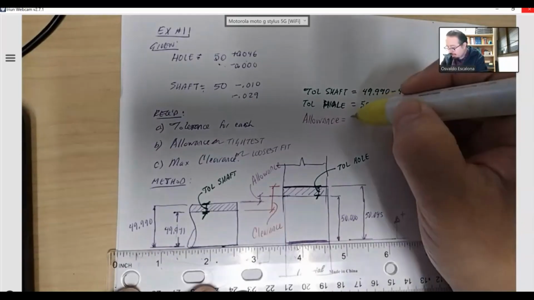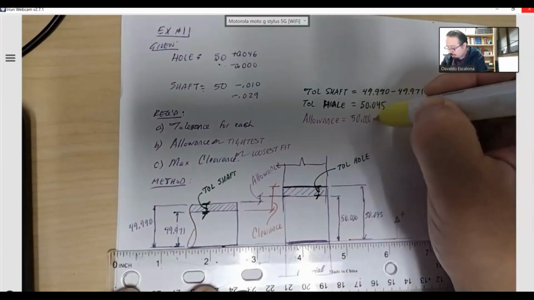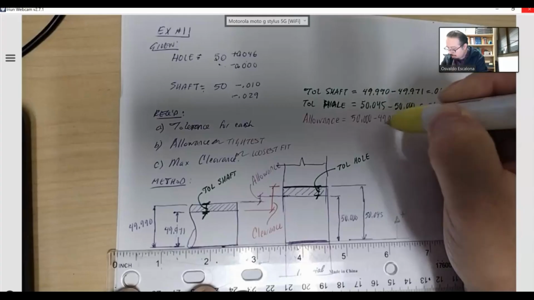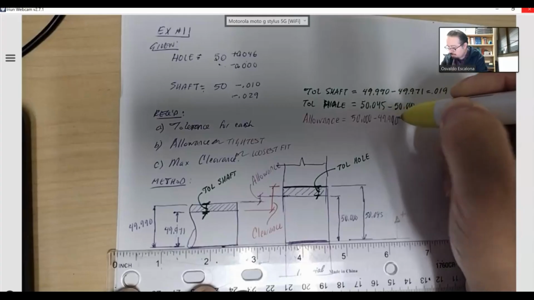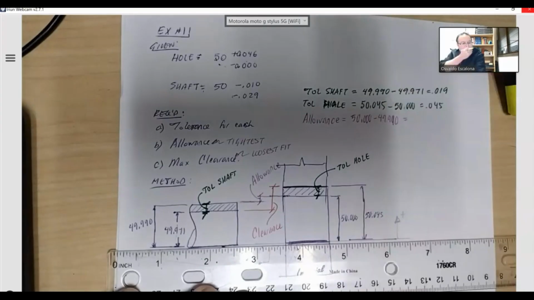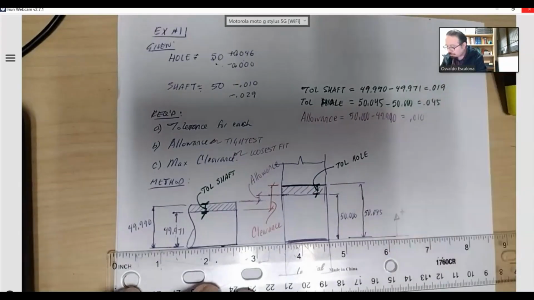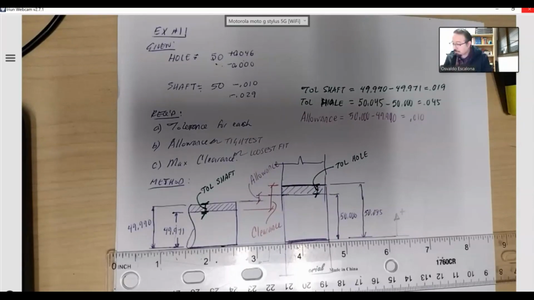So it is 50.000 minus 49.990, which is 0.010.